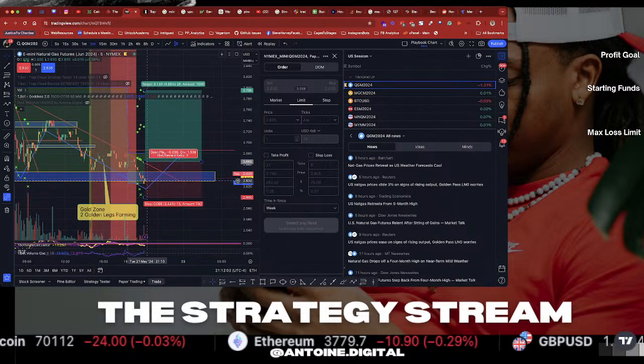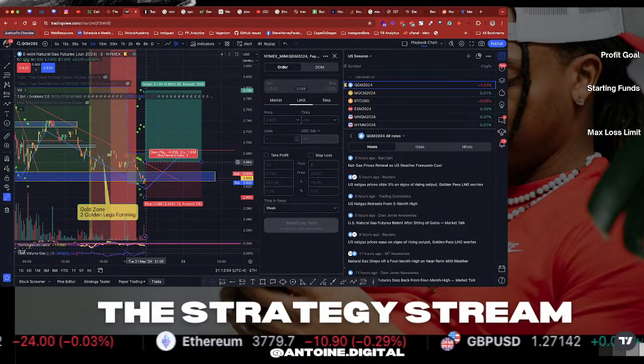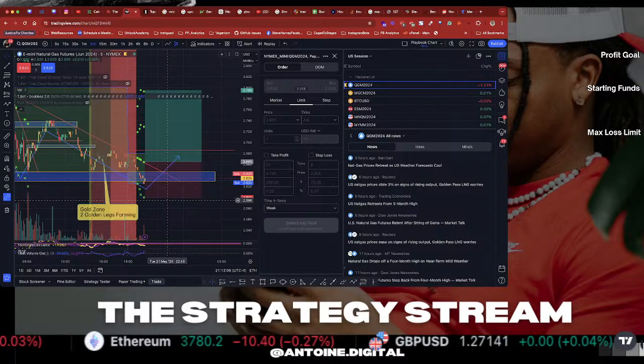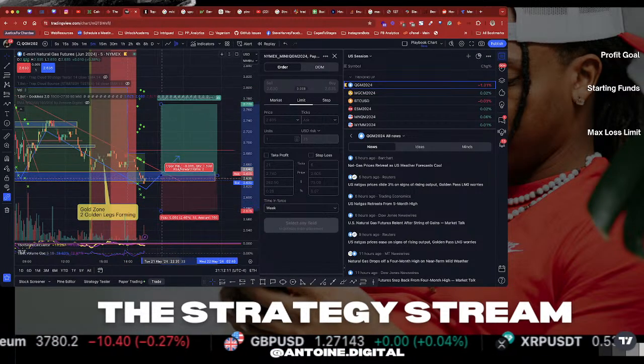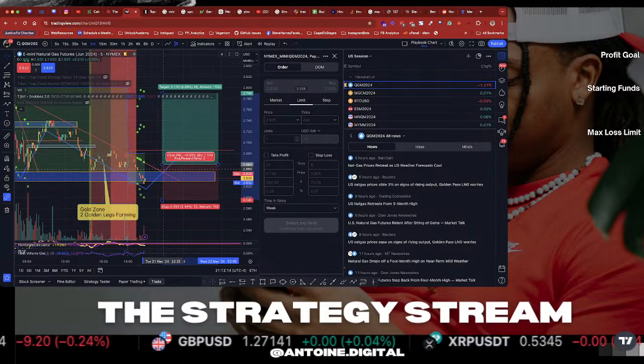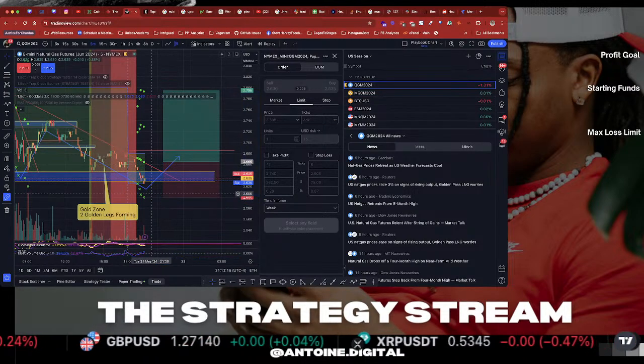I'm gonna wait to see. As long as it comes up here first, it's fine. Make sure it doesn't make any new lows. If it makes a new low, I will have to change around where I want my entry and stop loss. Might be somewhere around here. Okay. So I'll keep y'all posted.